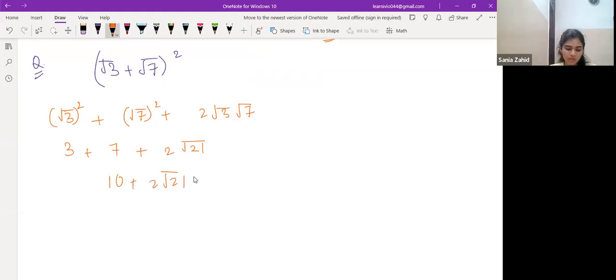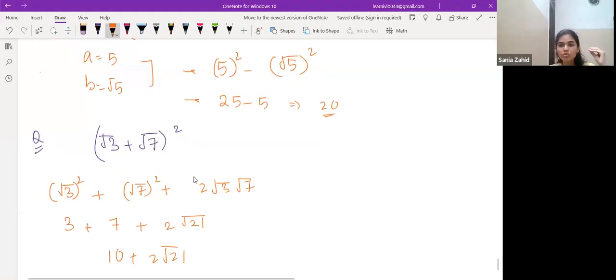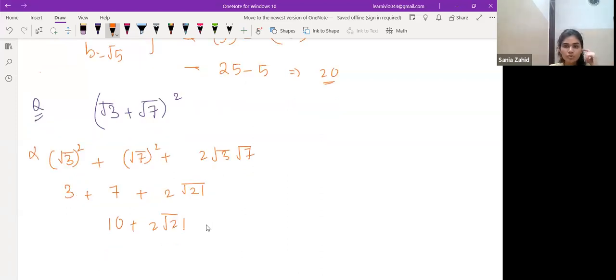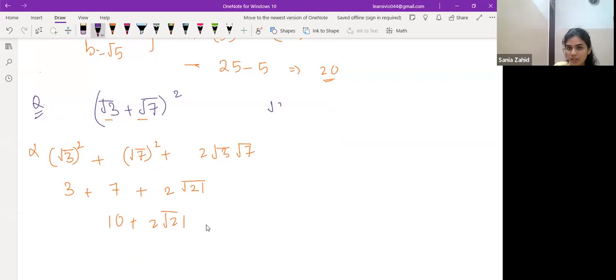Now, children, there is one more thing to it. Whenever you have these root numbers, you can even skip this step very easily. Can I write down an identity for these kinds of numbers? It becomes root A plus root B whole square. This is my new identity, just a variation. Can I open it up directly as A plus 2 root AB plus B?